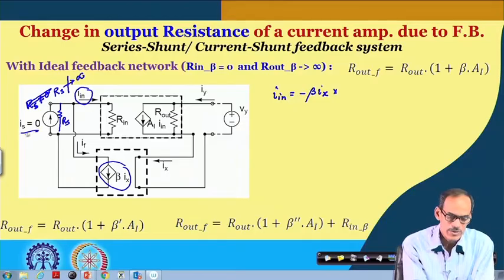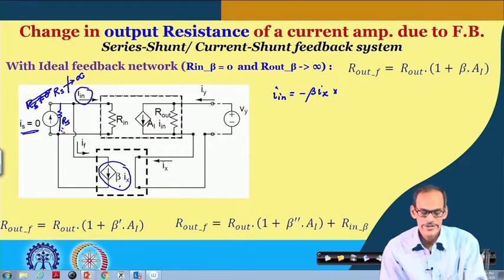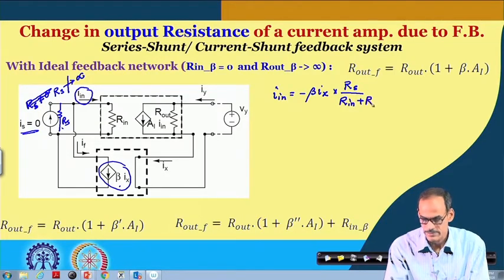in absence of the signal source, it will be this current multiplied by the fraction getting created by R s and R in, and this fraction, from the current division, we can get R s divided by R in plus R s, right.